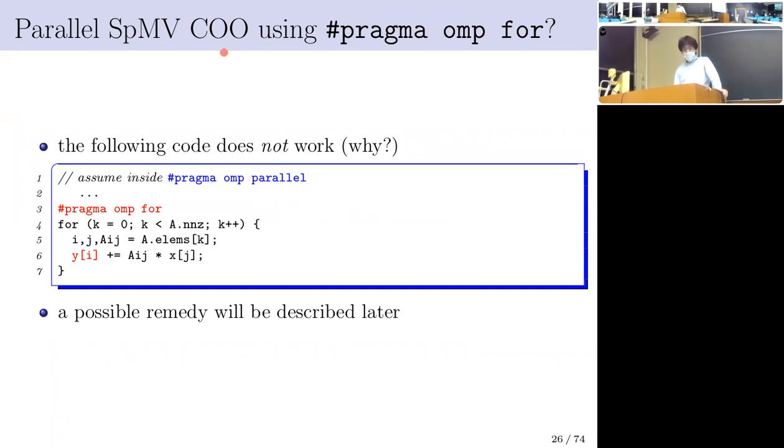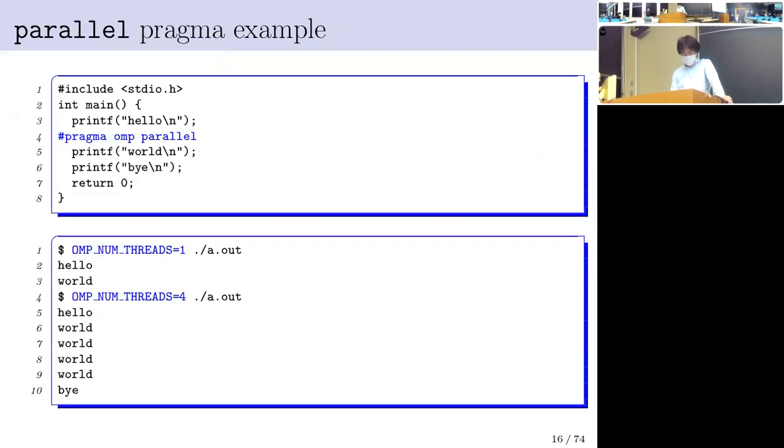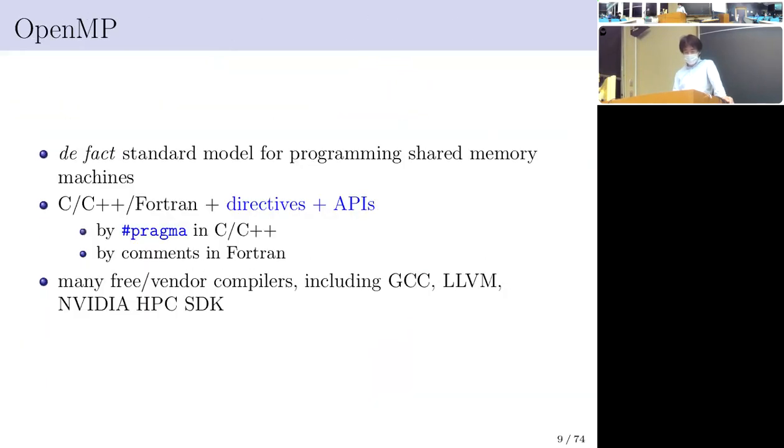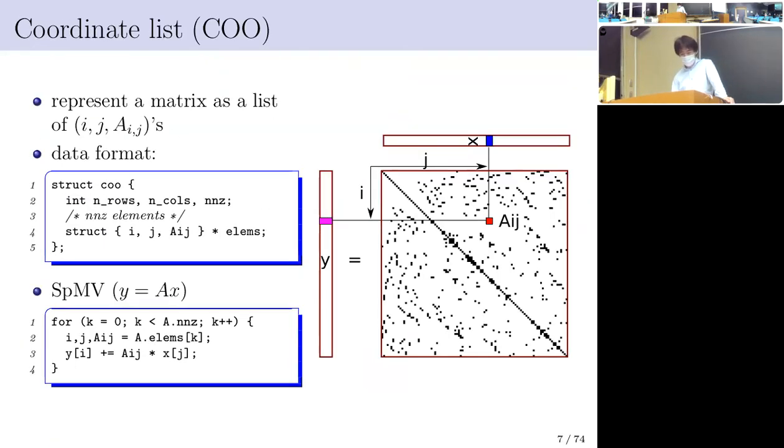But remember that there was another representation called coordinate format. This is in a way a conceptually simpler format. Each non-zero element is represented by a triple: i, j, and the value.